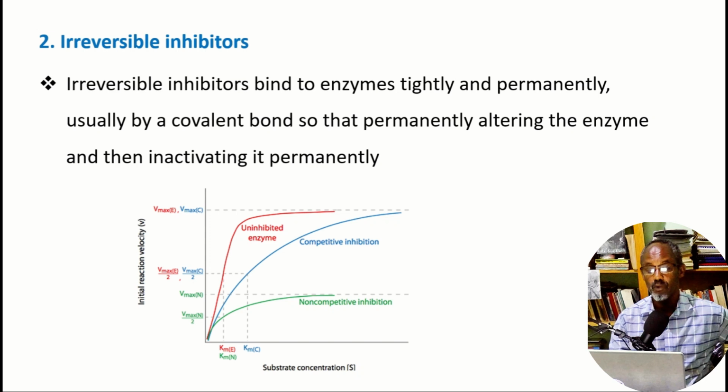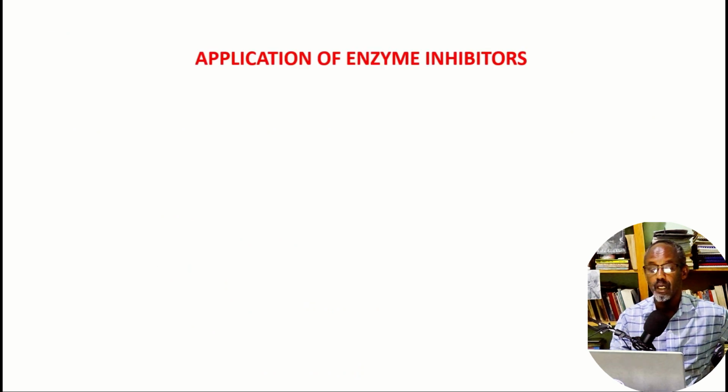I think this graph talks about competitive and non-competitive inhibition, the reversible inhibition. In both, the Vmax is decreasing, and the Km value is also increased.